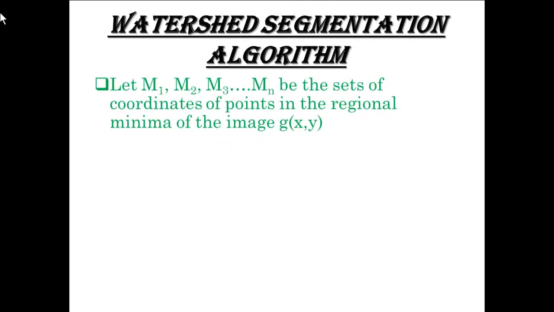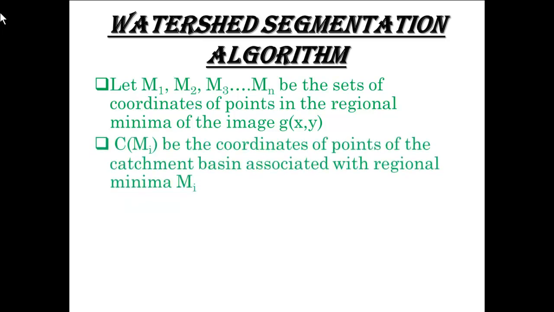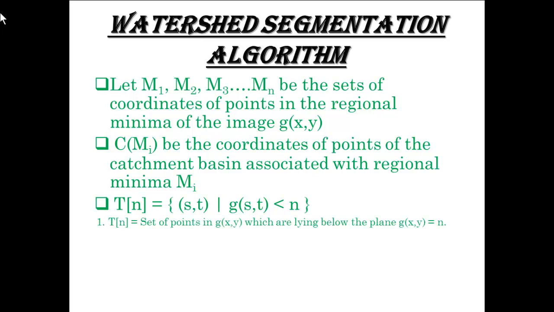Now the watershed segmentation algorithm. Let M1, M2, M3, up to MR be the sets of coordinates of points in the regional minima of the image function g(x,y). Let C(Mi) be the coordinates of points of the catchment basin associated with the regional minimum Mi. Let T[n] be the set of points in g(x,y) which lie below the plane g(x,y) equals n.